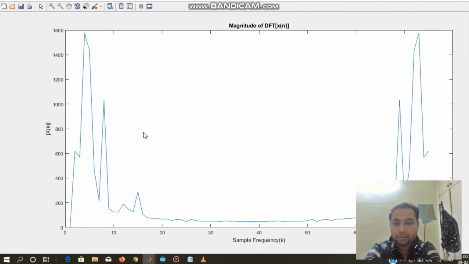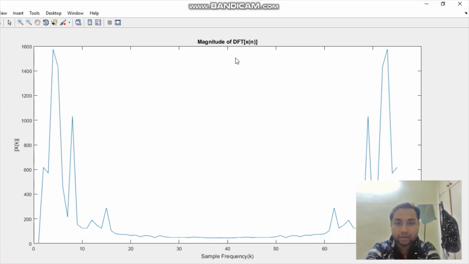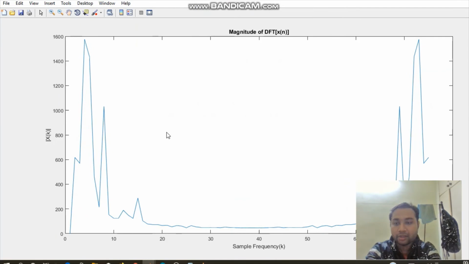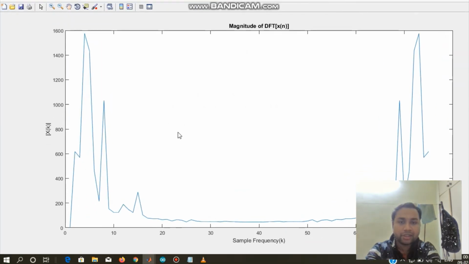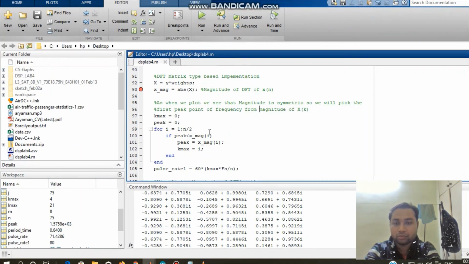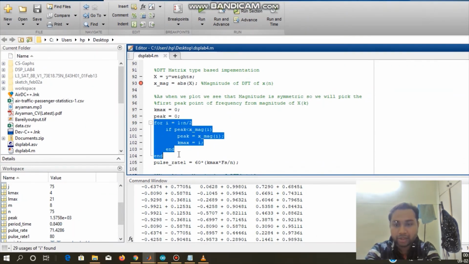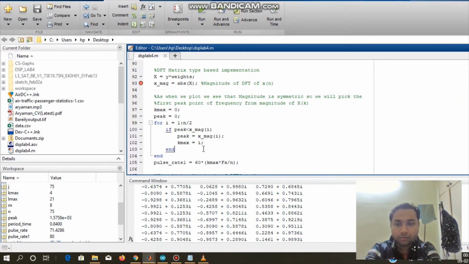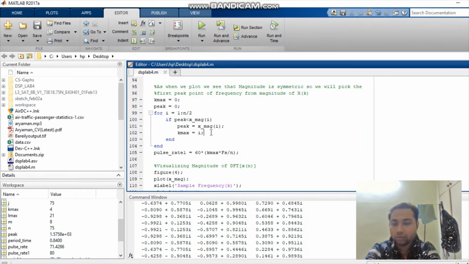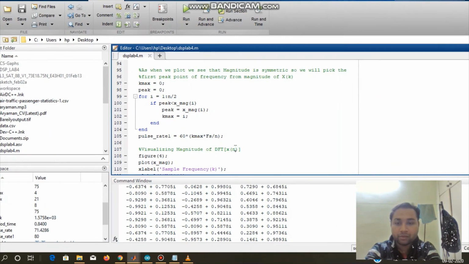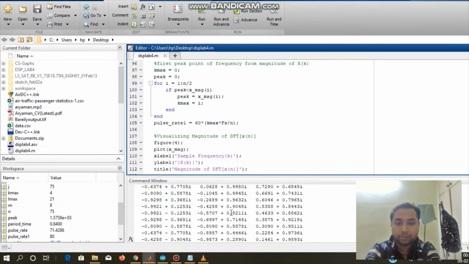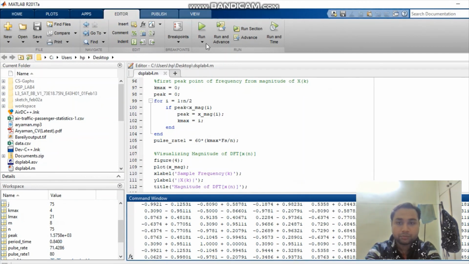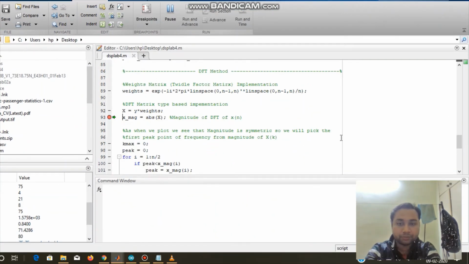So we are taking the index till n by 2 only, so that we get the first peak point rather than it repeating itself. For kmax we are getting 4. From that we get the pulse rate, you can run it again.